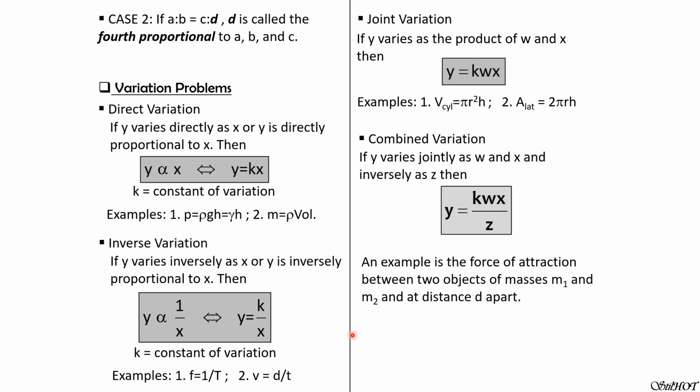So F sub g equals G, capital G, the constant of variation, times m1 m2 over distance squared. So it is in Newton meter squared per kilogram squared units. The value of G can be found in your calculator, constant G there. It is 6.674 times 10 to the minus 11 Newton meter squared per kilogram squared.